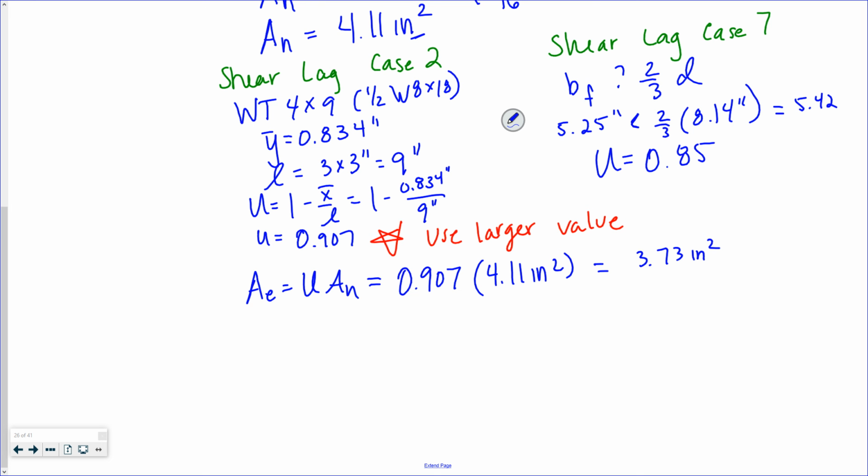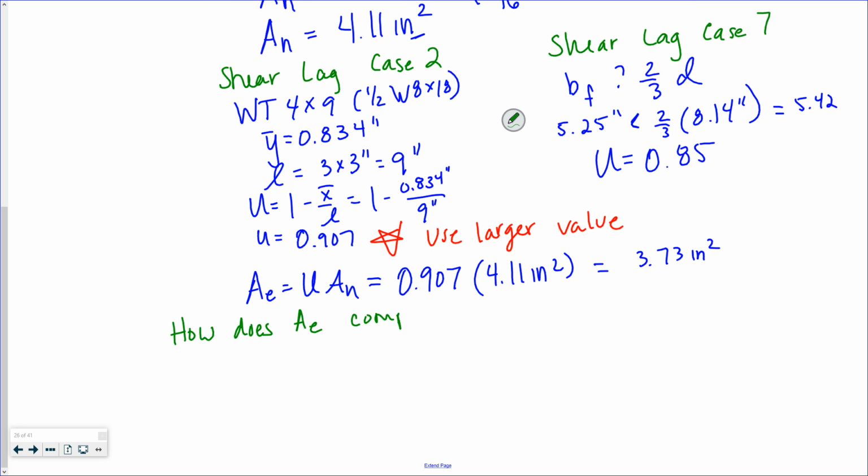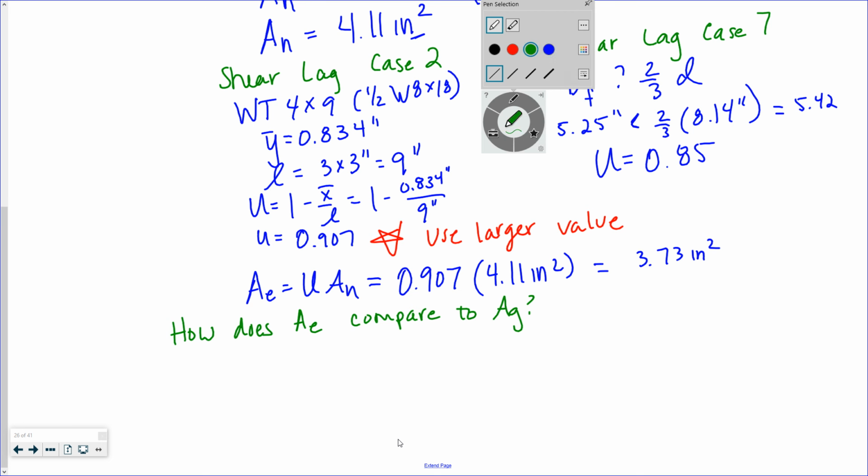How does my effective area compare to my gross area? 3.73 inches squared.